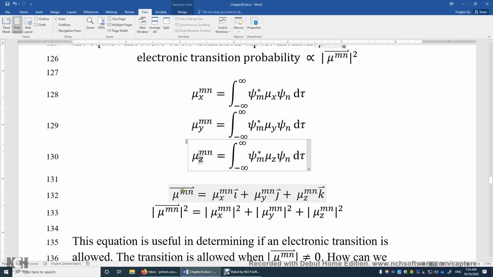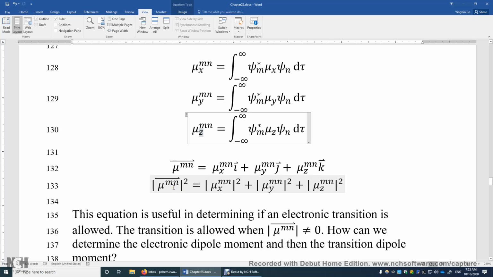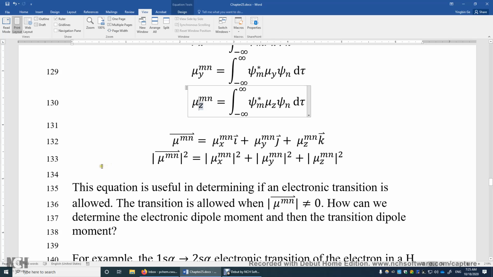Over here, this is the transition dipole moment vector. Again, there are 3 components in the x, y, and z directions. The squared modulus of the transition dipole moment is simply the sum of the squared modulus of the x component, the squared y component, the squared z component. So now we can use this equation to determine whether this is 0 or not.